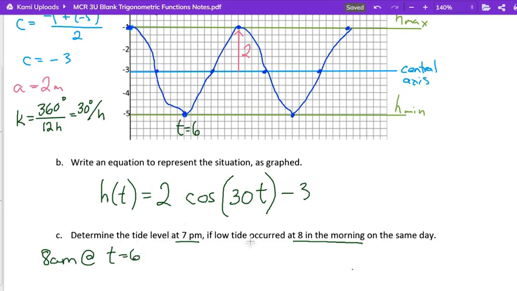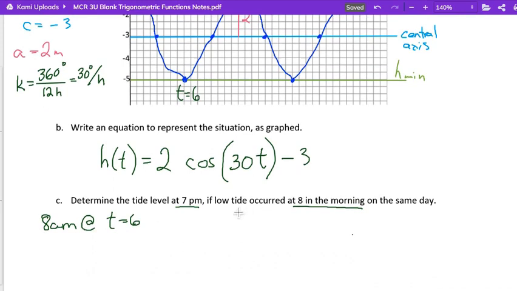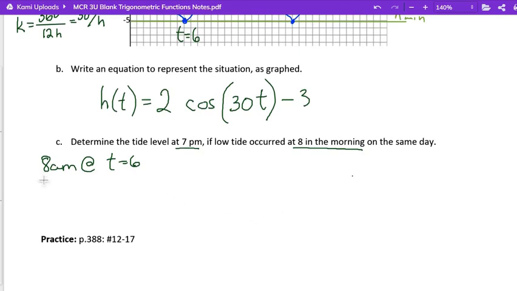So they're saying low tide occurred at 8 in the morning. What is the height of the tide at 7 p.m.? So now let's look at how much time has elapsed. Between 8 a.m. and 7 p.m., how many hours would that be? Between 8 a.m. and 8 p.m. it's a full 12.